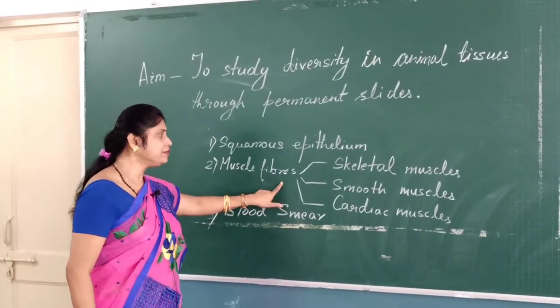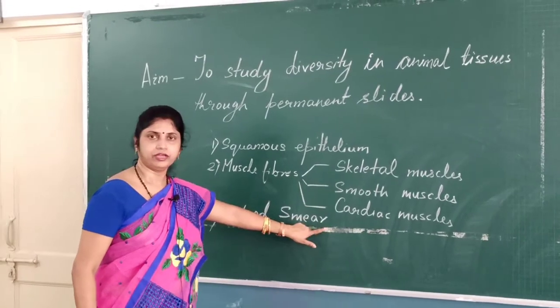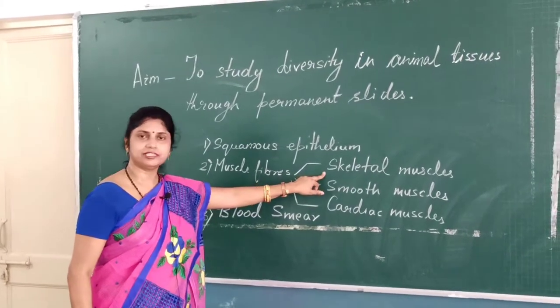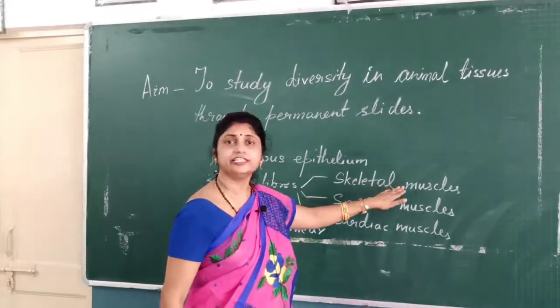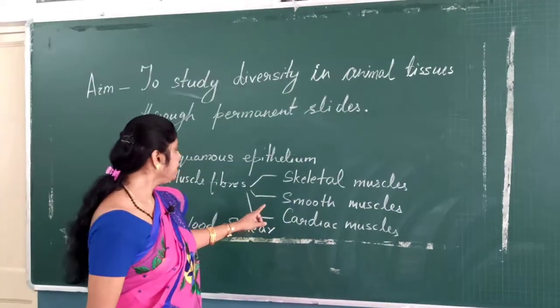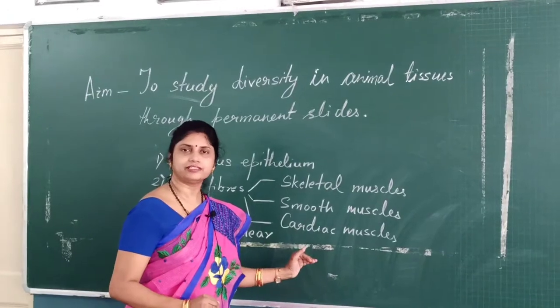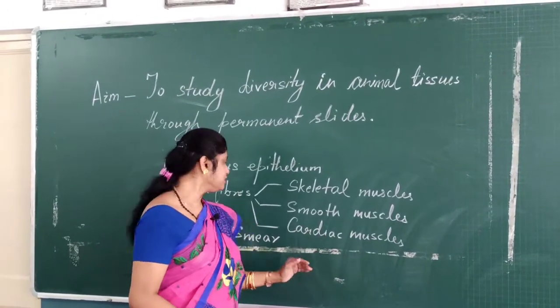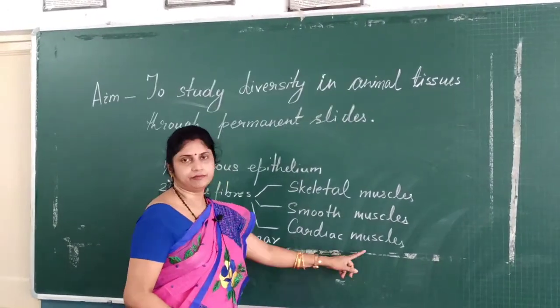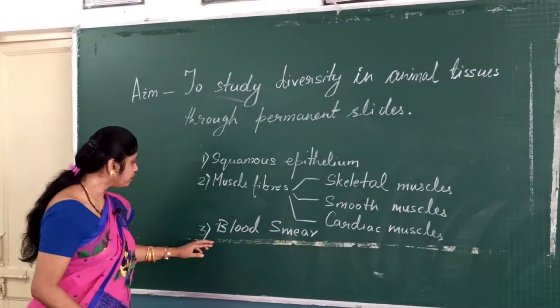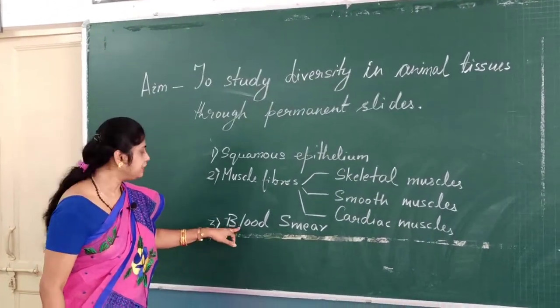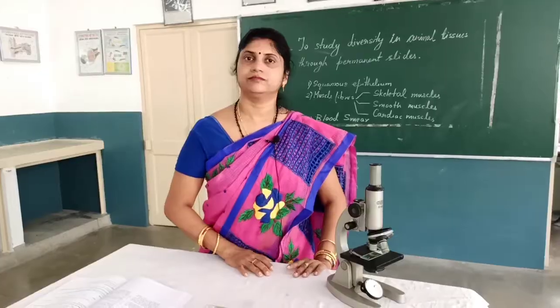Muscle fibers are of three types. One is the skeletal muscles, also known as striated muscles. Next is the smooth muscles, also known as unstriated muscles, and the third is the cardiac muscles. Then one more slide will be there, and that will be of blood smear.